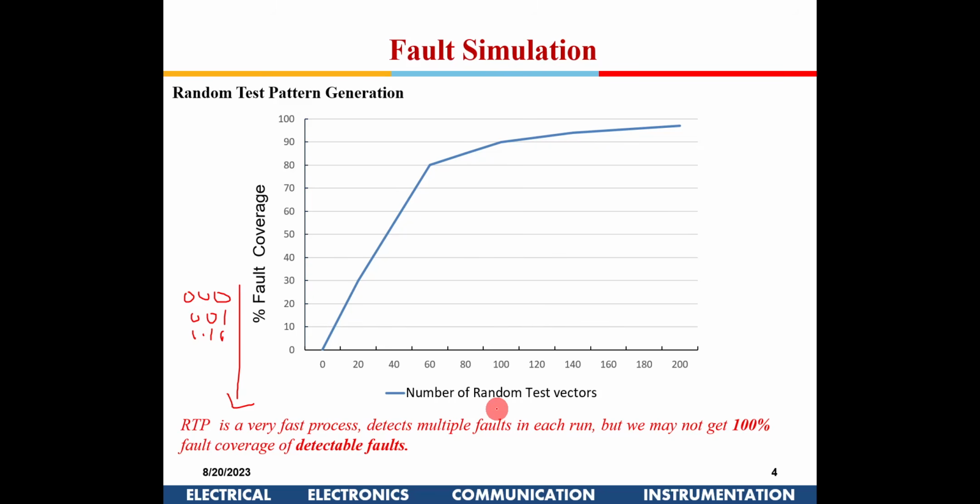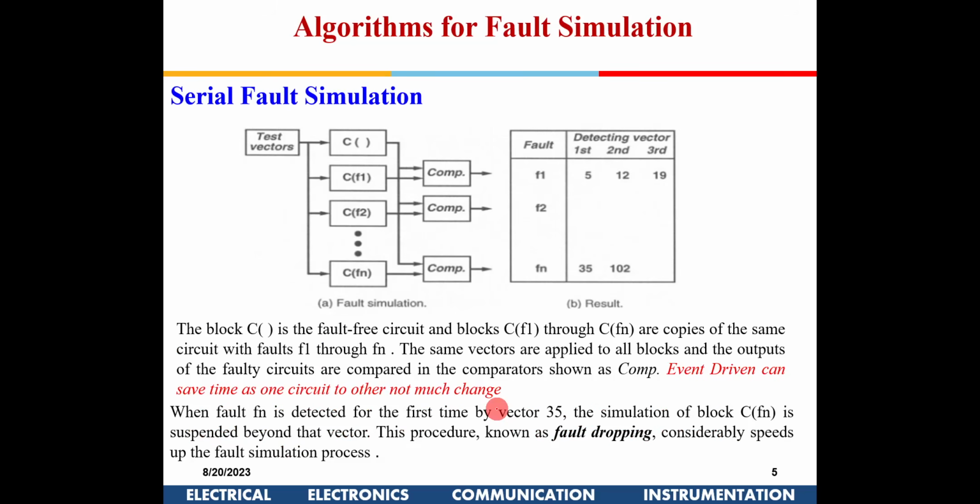Okay, sir. So let's see one of the first algorithms, how fault simulation works. So this is, say, the netlist, when you write the Verilog code. This is a fault-free code, and this is available. I can make one more block here.